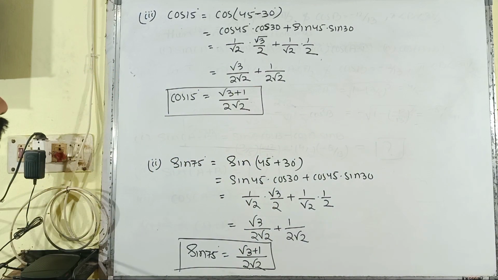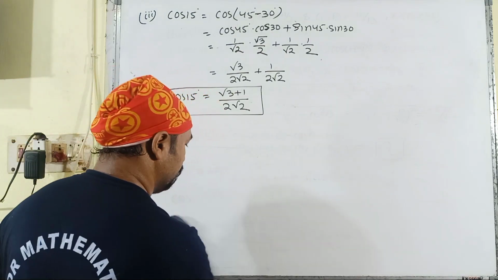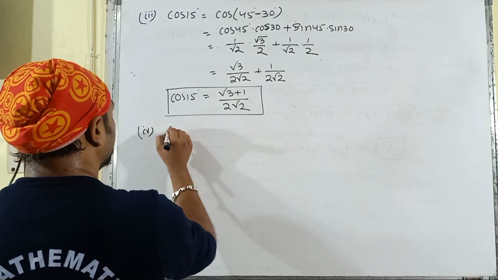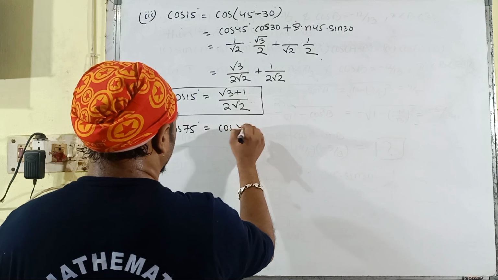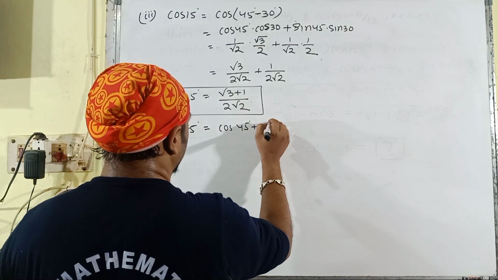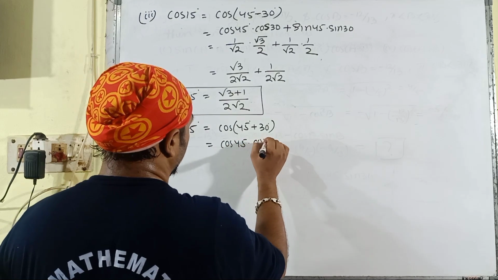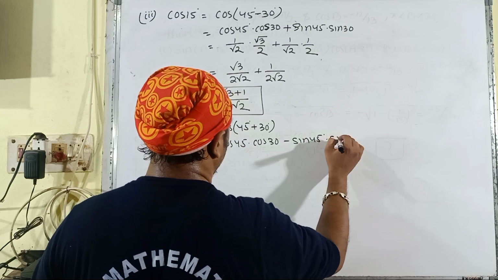Now it is the time to evaluate cos 75 degree. It is the fourth bit. Cos 75 degree, it is cos (45 plus 30) degree, cos 45 into cos 30 minus sin 45 into sin 30.